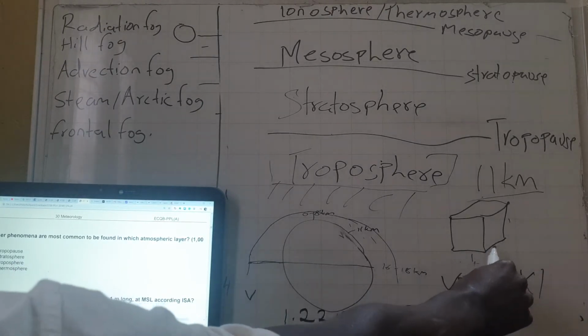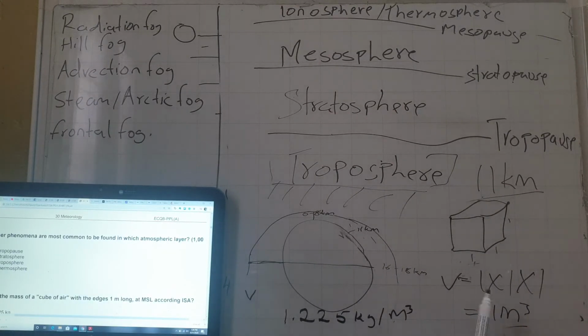So if in ISA a cubic meter of air weighs 1.225 kilograms, and here you're given a cube of 1 meter which has a volume of 1 cubic meter, what is the mass?